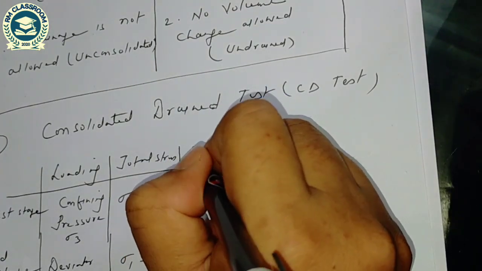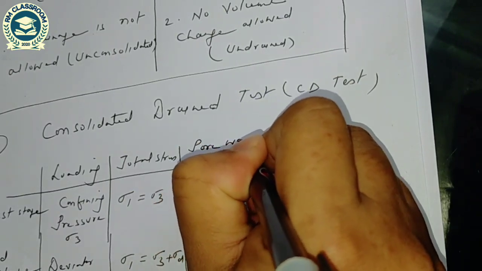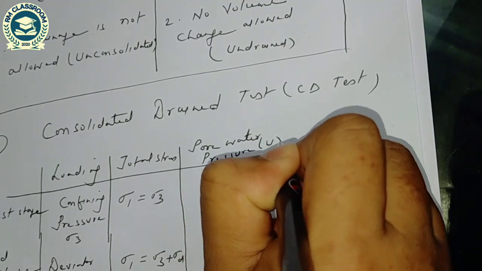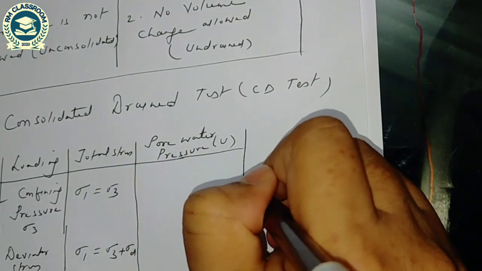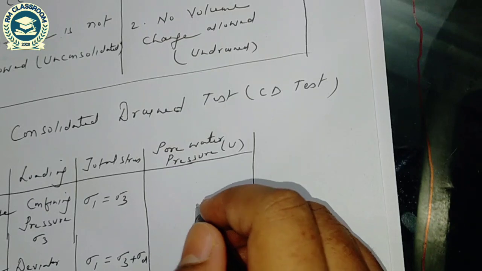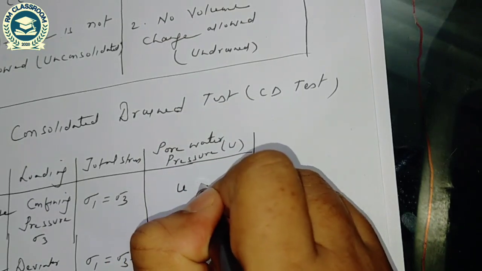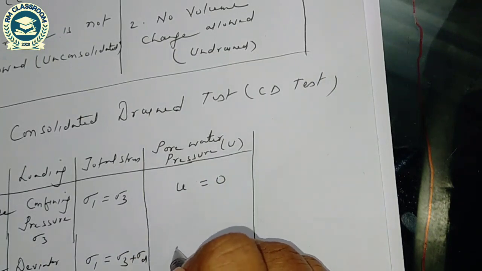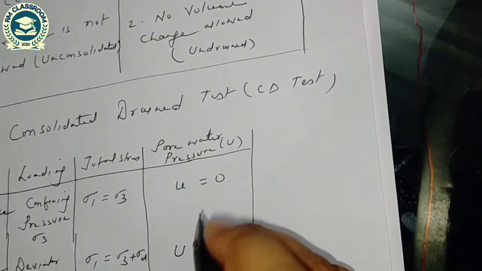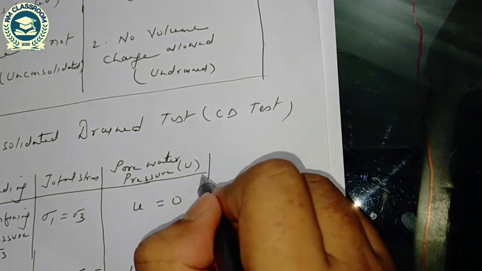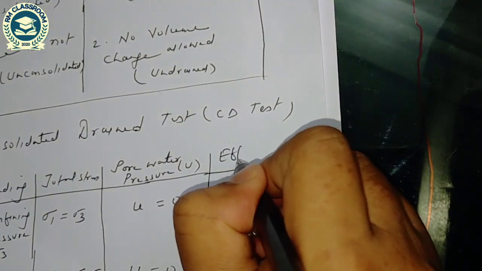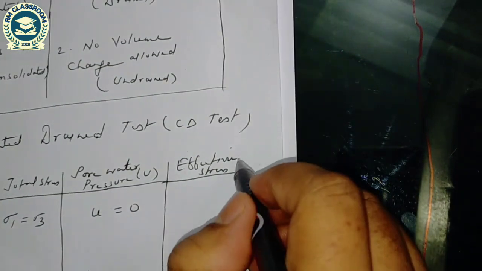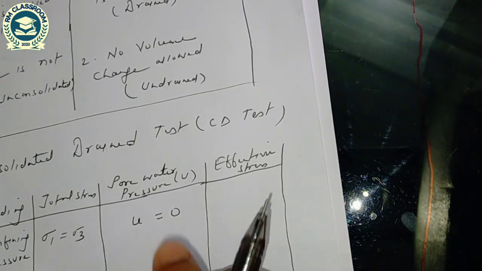What is the effect of pore water pressure? In both the stages, as drainage is allowed, the pore water pressure U is equal to 0, and in the second stage volume change is allowed, means pore water pressure is 0. So effective stress is equal to the total stress.